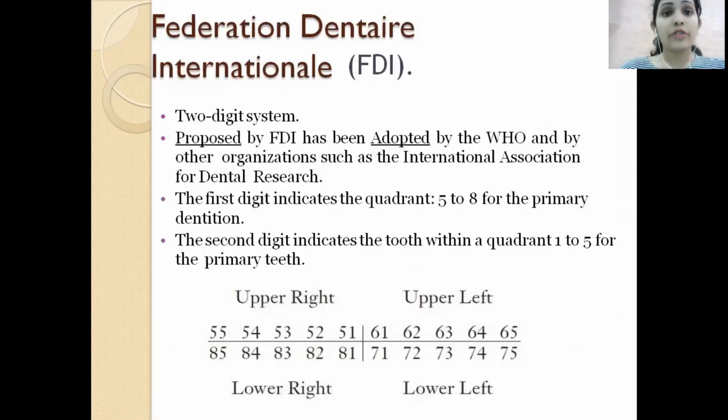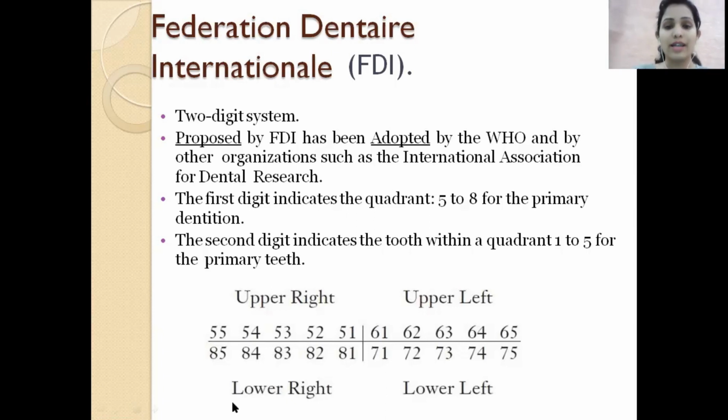Now, the Federation Dentaire International, it's a 2-digit system. This was proposed by FDI, then it has been adopted by WHO and by other organizations such as International Association for Dental Research. The first digit indicates the quadrant number, that is 5 to 8 for primary dentition, and second digit indicates the tooth within the quadrant, that is the number for the tooth which has been used earlier.